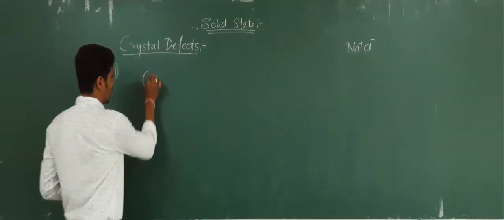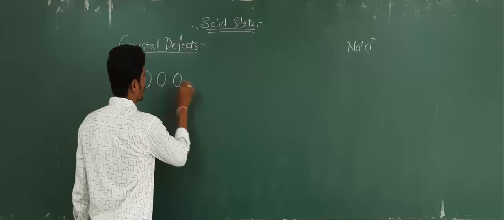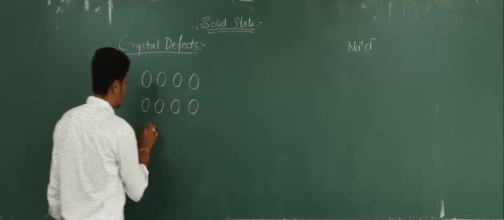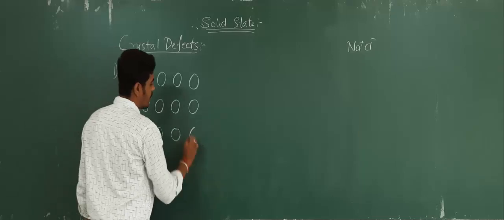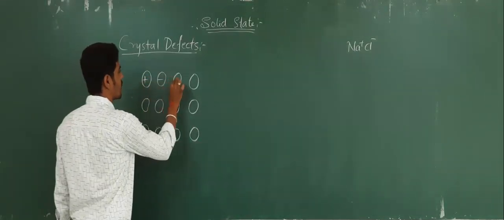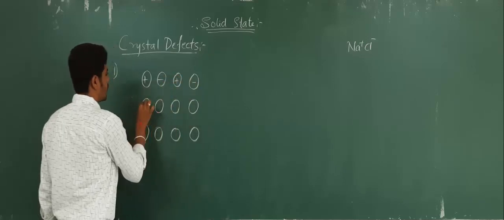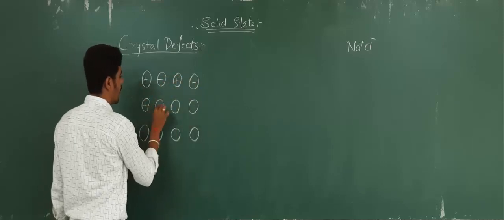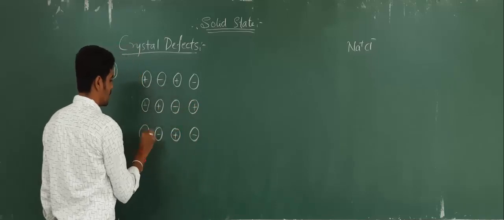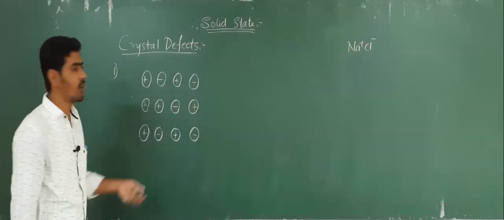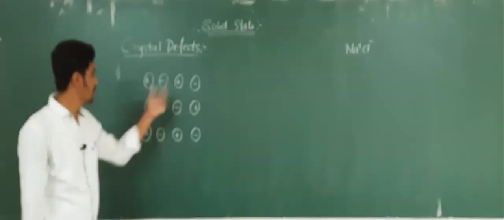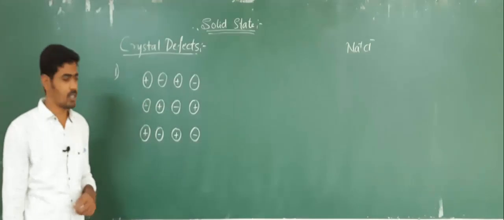Now let us consider a crystal which has cations and anions, that is an ionic crystal. One is cation, another one is anion, and they are arranged in an alternate manner. That can be represented like this. It may be any ion, you may say A plus B minus, in such type of crystal.